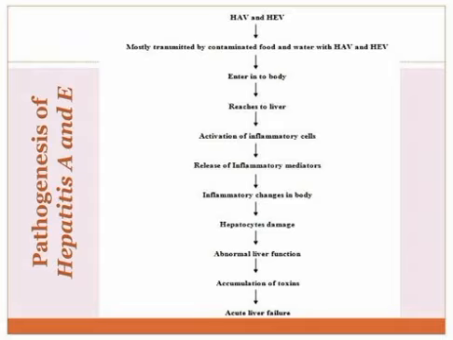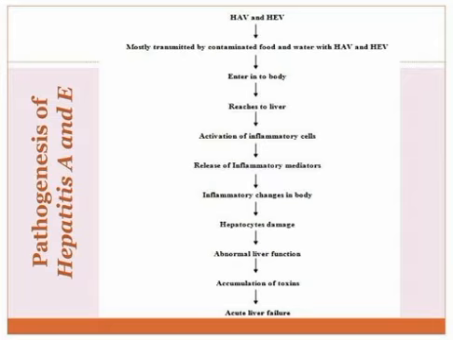Next will be the pathogenesis. Usually, the pathogenesis of hepatitis A and E are similar. In these conditions, hepatitis A virus and hepatitis E virus are mostly transmitted by contaminated food and water with HAV and HEV. When these viruses enter our body, they reach the liver.